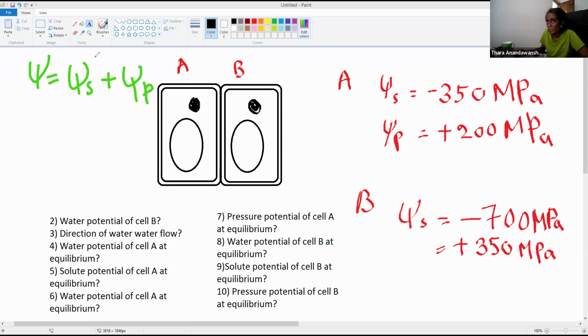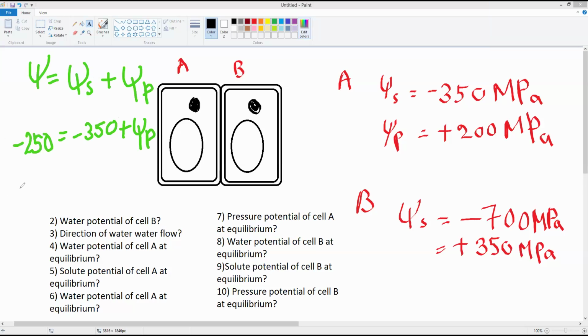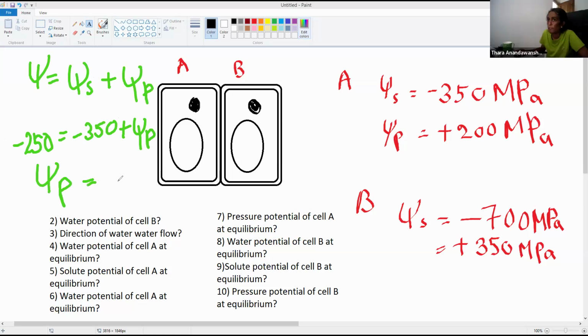Psi s is kind of an assumption; psi s is not going to change. So we take the previous psi s value, minus 350, plus psi p equals minus 250. Am I correct? Yes teacher. Then psi p is what? 100. Yes teacher.